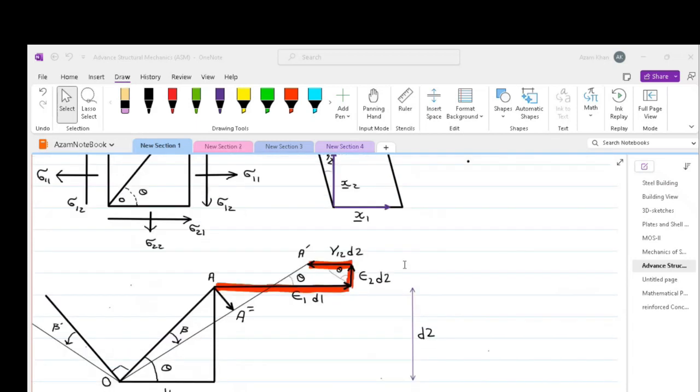Please note that this movement of A is highly exaggerated to show how the vector sum may be resolved into two components, that is, one parallel and another one perpendicular to OA.